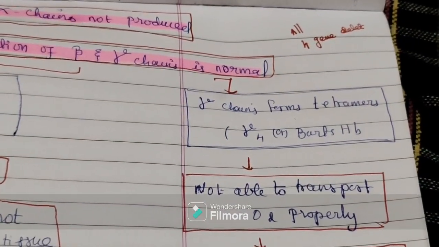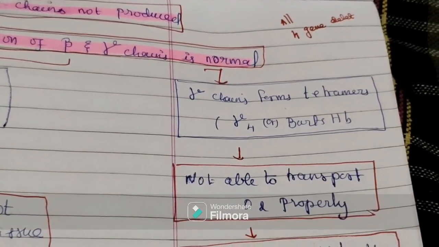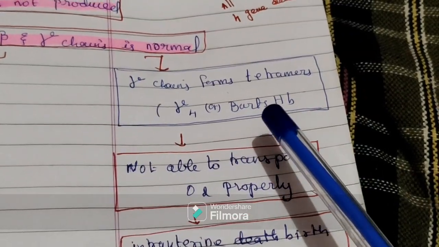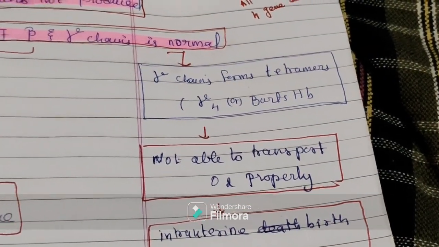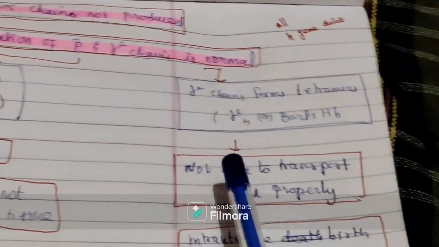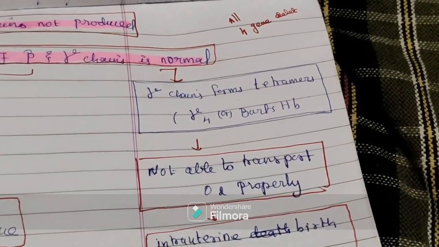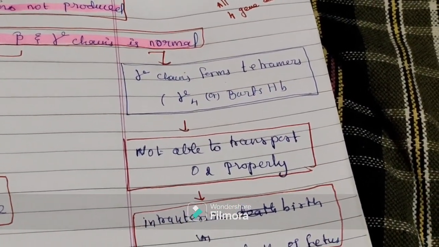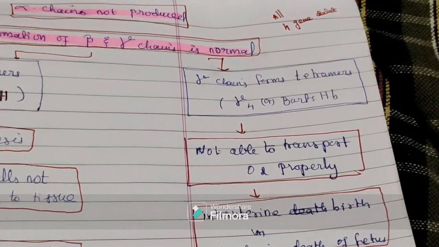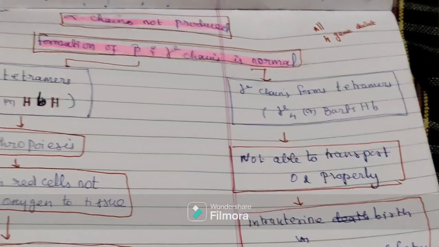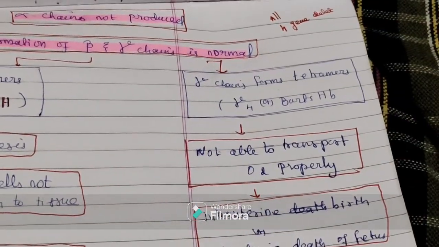When alpha is absent, gamma forms a tetramer, known as Hb Barts. Because alpha is absent, either the beta will form the tetramer or gamma will form the tetramer.